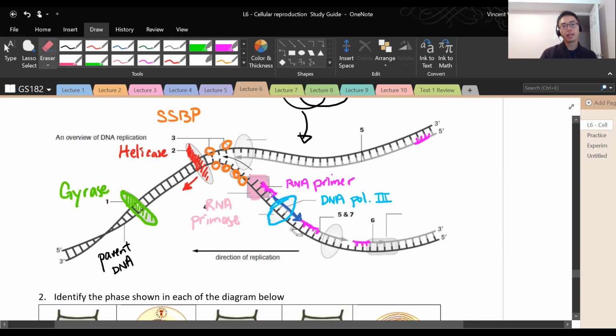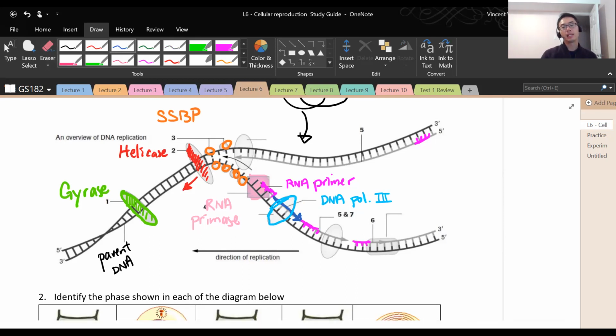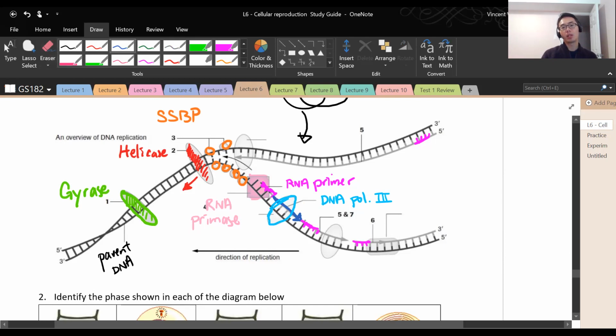As it gets closer to the primer, the DNA polymerase 3 will fall off, and then another polymerase called the DNA polymerase 1 will come in. The job of the DNA polymerase 1 is to remove the RNA primer and replace it with DNA.